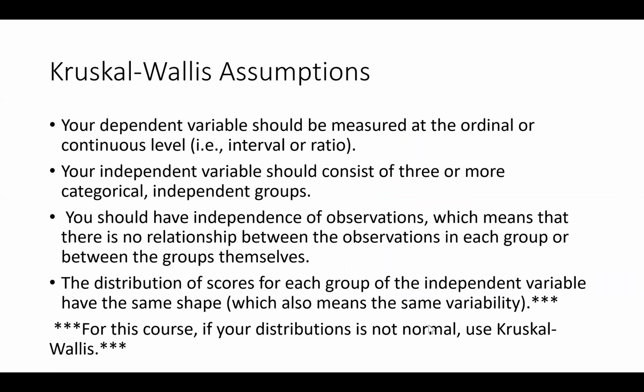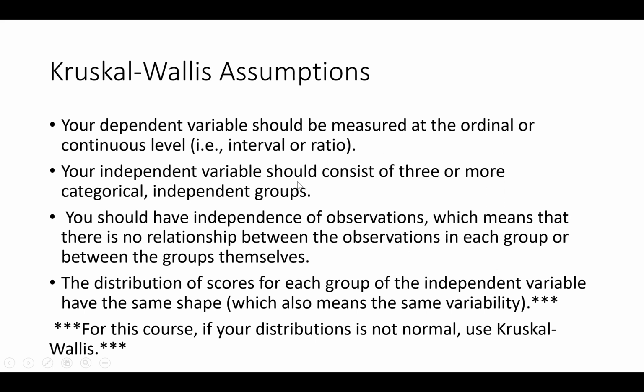Okay, so there are still some assumptions that we have to make with Kruskal-Wallis. Your dependent variable should be measured at the ordinal or continuous level. So for Kruskal-Wallis, your dependent variable could be words or categories that are ranked, but they could also be numbers that are at the interval or ratio level.